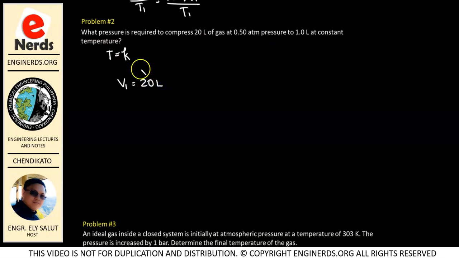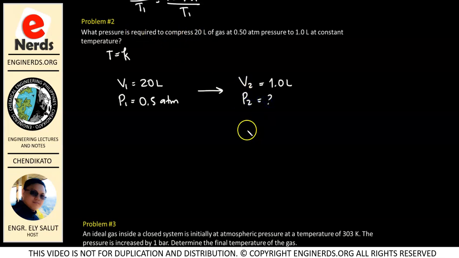And then our initial pressure is equal to 0.5 atmosphere. And then our volume 2 is equal to 1.0 liter. It was compressed from 20 liters to 1.0 liter. Okay, then we are asked what is the pressure, no? The second pressure or final pressure.